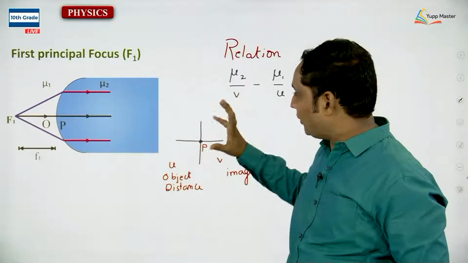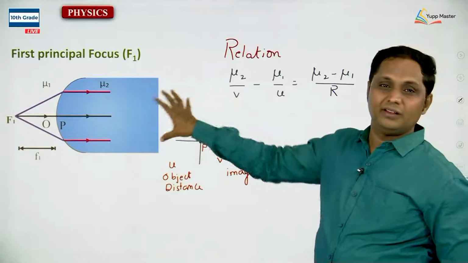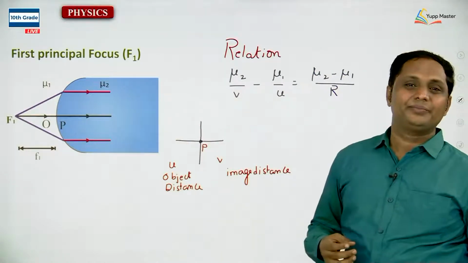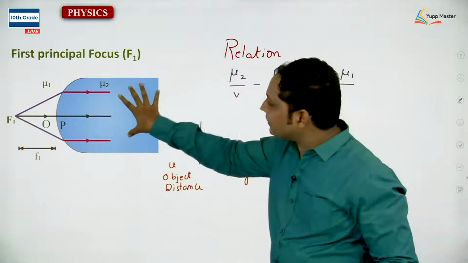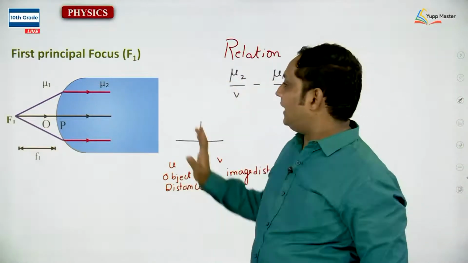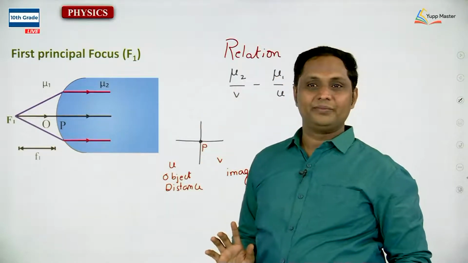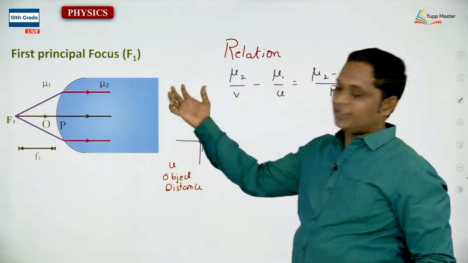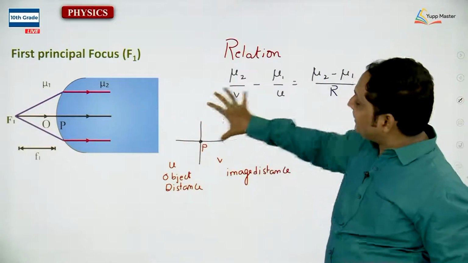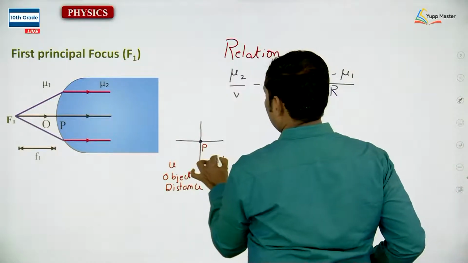That is also important. In this case, in order to get this image distance, these light rays are going to be parallel, very clear, and they are going to meet somewhere else, that is at infinity. Here you are going to get this u and v.